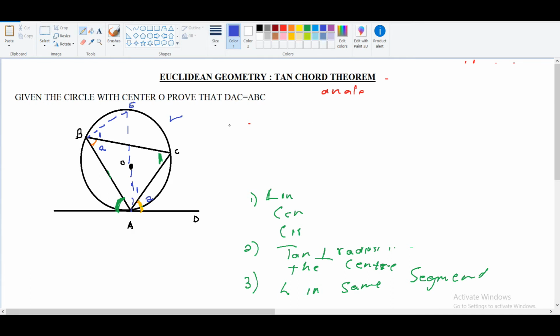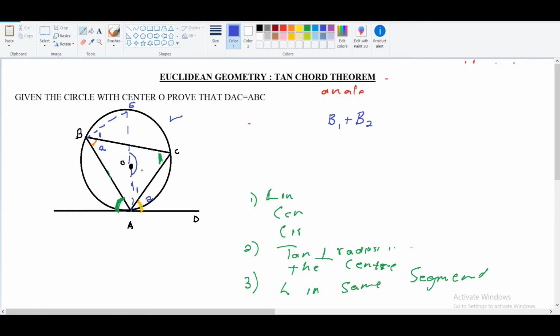Okay, so the first statement you do, we said we'll need other theorems. Now we notice that angle B1 plus B2. What is the angle that is created here? If you look here, this is a straight line, right? So what is the angle here?